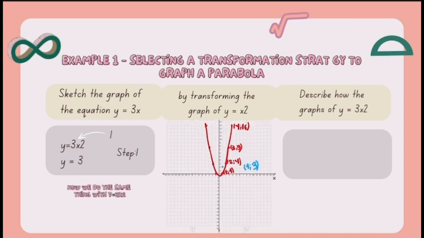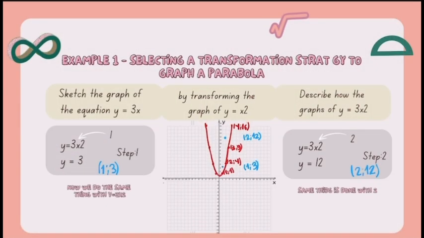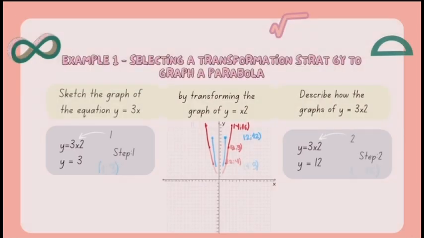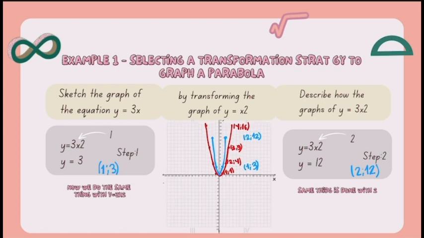So that's how we get our first point, which is going to be (1, 3). We do the same thing with number 2, and we get our second point. As a result, we sketch our graph, and this is how it basically looks.